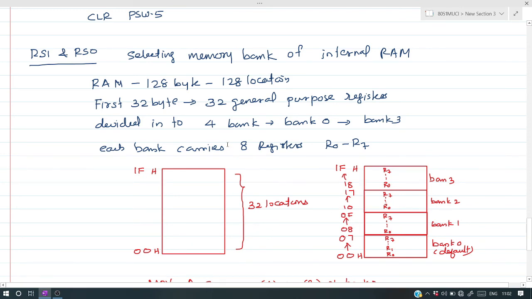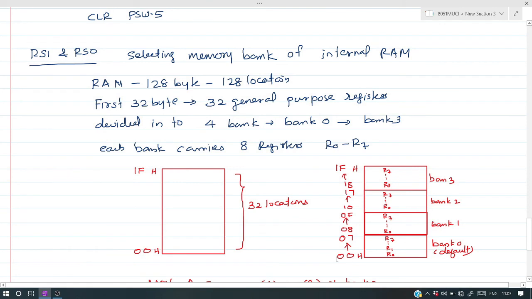That is, there are 32 general purpose registers in the 8051 microcontroller. In order to reduce the number of opcodes, these 32 registers are grouped into 4 banks, namely bank 0, bank 1, bank 2 and bank 3. Each bank contains 8 registers.